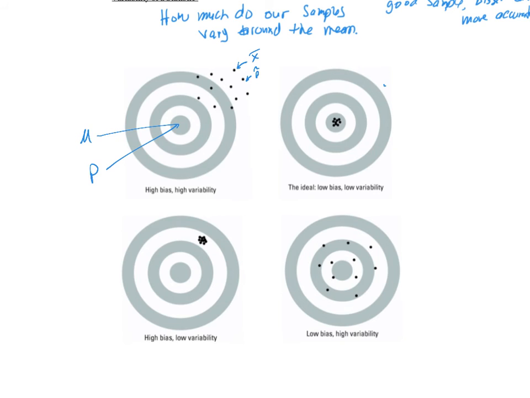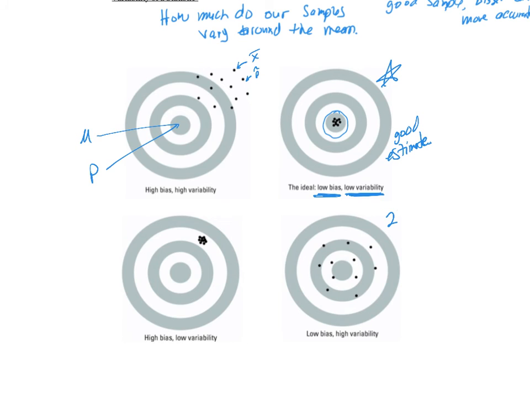Our goal is to get what we see in the upper right-hand corner: low bias, meaning all of our samples are hitting the bullseye, the population mean or population proportion, and low variability, meaning they're not very far apart. All the samples are hitting the same area. We're going to be able to make a really good estimate of the population mean here. That's what we want.